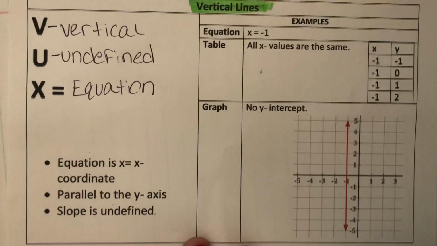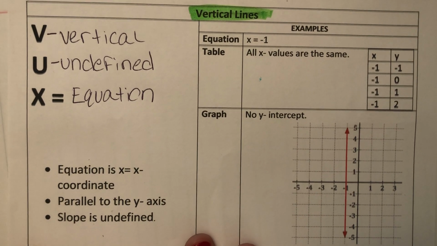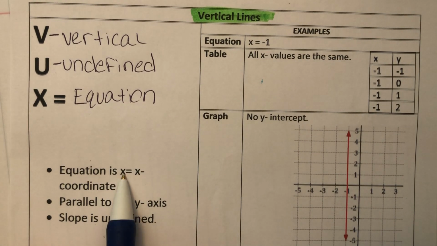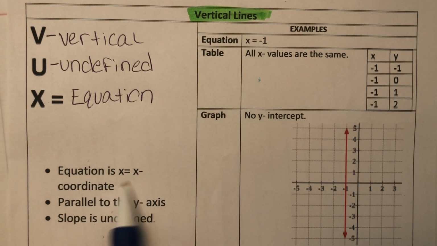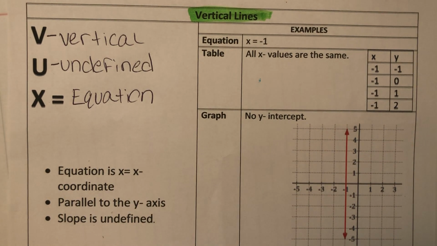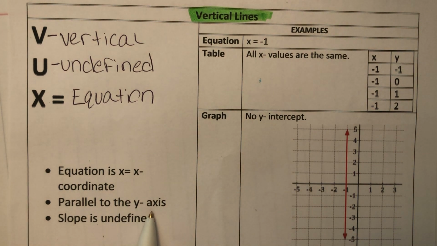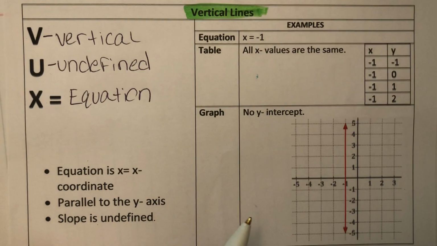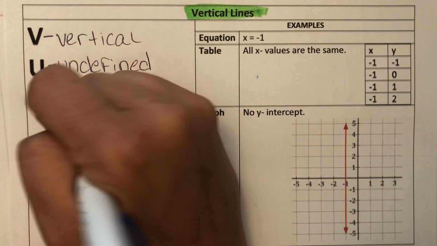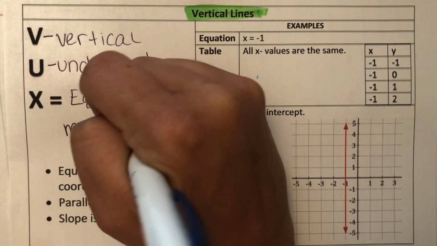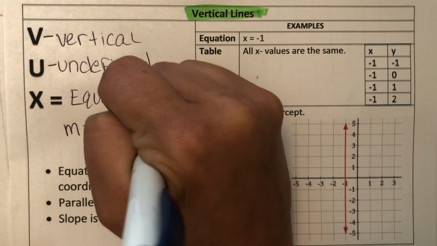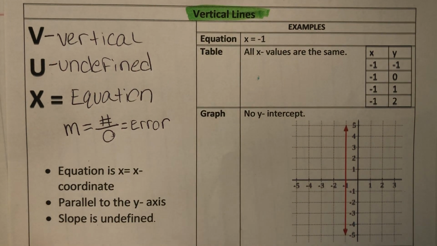Couple important things to remember about vertical lines. The equation is x equals and then whatever the x coordinate is. So x equals the x coordinate. It is parallel to the y-axis and the slope is undefined. And if we are solving and we get a slope where the 0 is in our denominator, and we try to simplify, we are going to get error on our calculator.